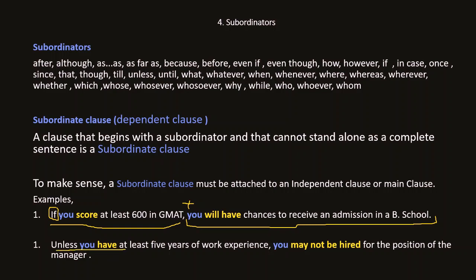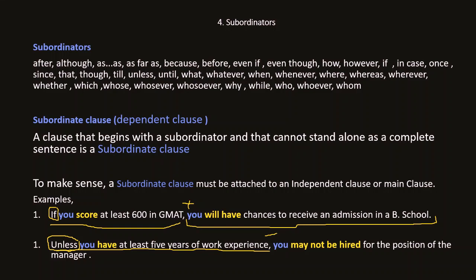It begins with a subordinator, that is unless. This clause is linked to or attached to an independent or a main clause, that is, you may not be hired for the position of the manager.